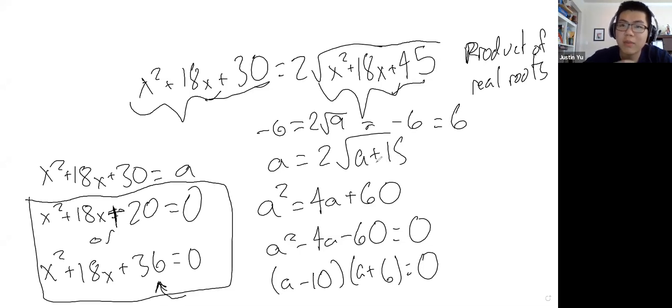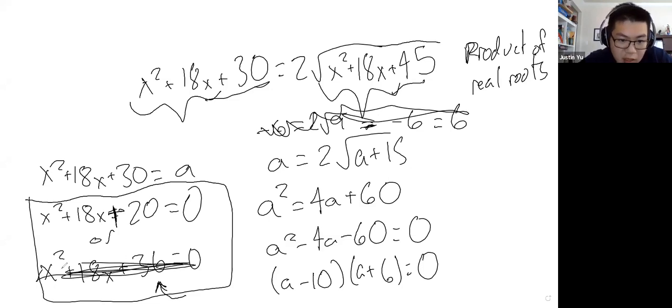So I was being a bit more evil in this case because I baited you into doing this. But yes, this is an extraneous solution. All of you who said that there weren't any problems with this, you need to really remember these. So we can't even look at this.